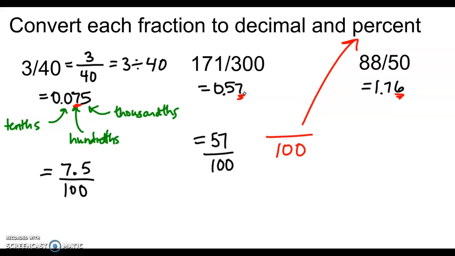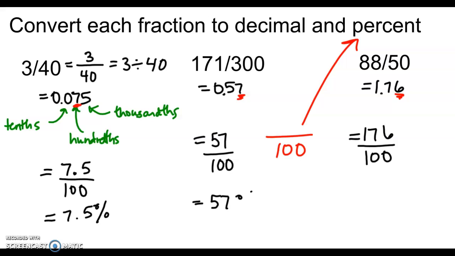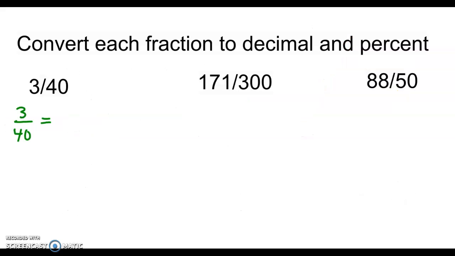Okay, so we're writing, this is the hundredth spot, and here we've got 176 over 100, which makes sense. 88 is bigger than 50, so we're going to have more than 100%. Nice. So once things are written over 100, that means percent. So we can simply write this also with the percentage symbol. And 176%.